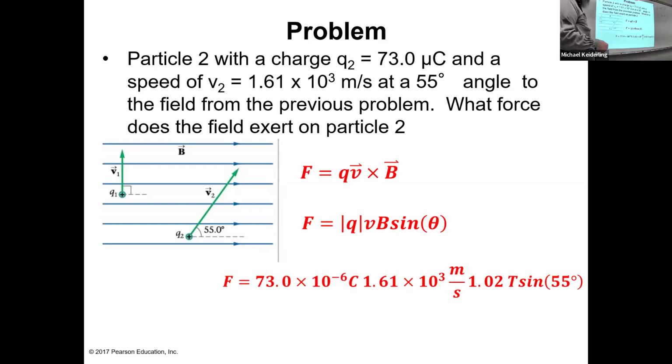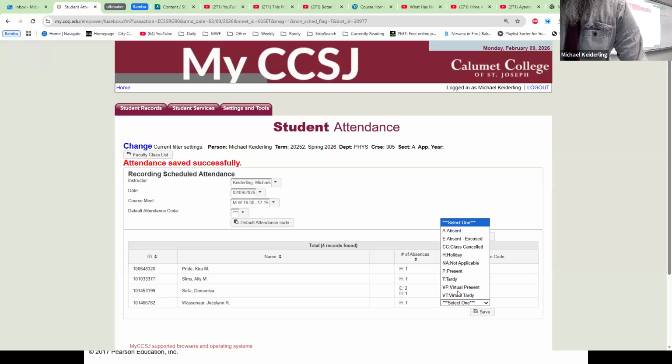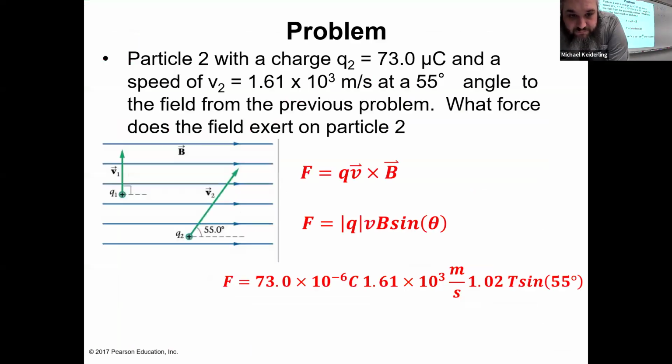So 73 times 10 to the minus 6 coulombs times 1.61 times 10 to the third meters per second times 1.02 Tesla times the sine of 55 degrees, which will give a force of 0.098 newtons. And questions?